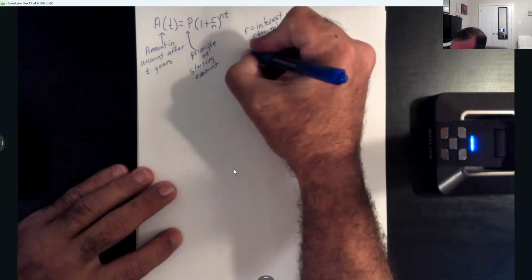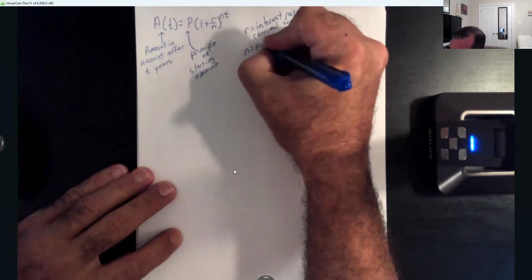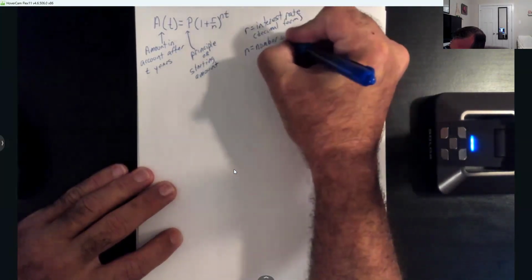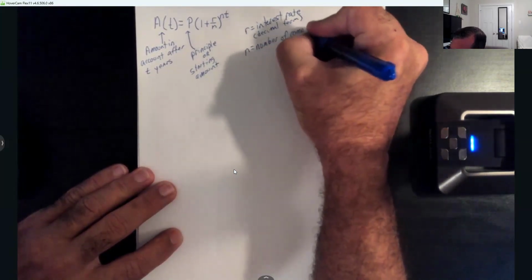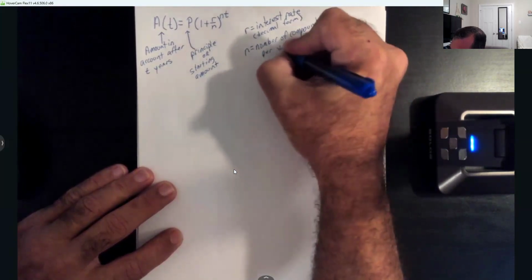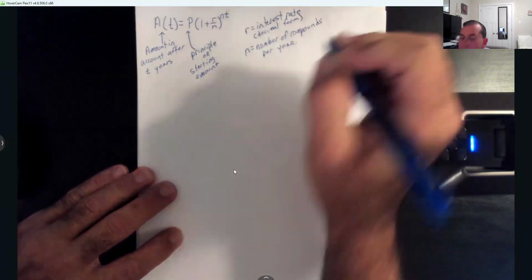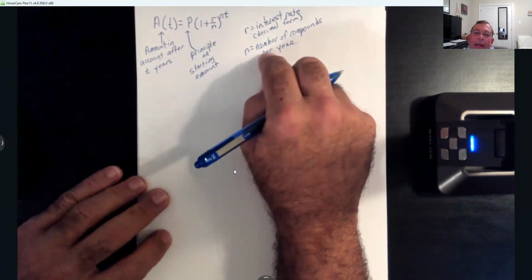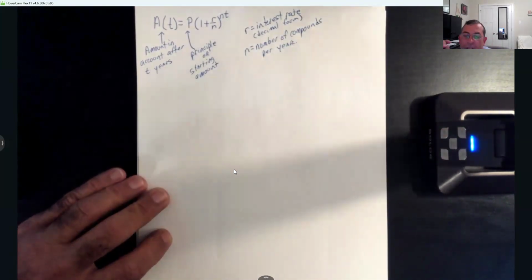N. N is the number of compounds per year. That's sort of like how many times are they applying interest per year, okay?